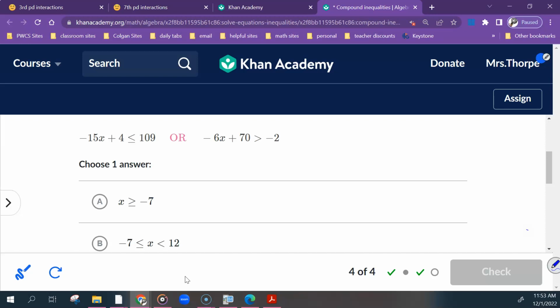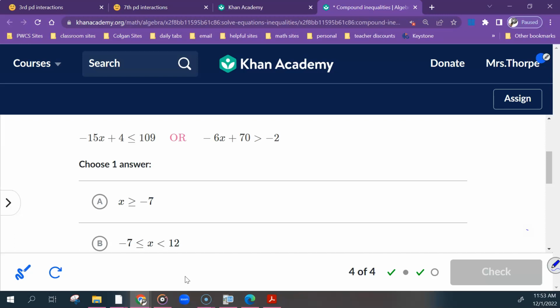So, or for us is they don't overlap, they can't overlap. Or for Khan Academy is where, not where they overlap, but it's called the union, where both of them are true. But we'll talk about that here in a second.